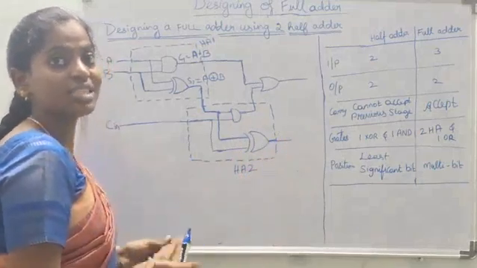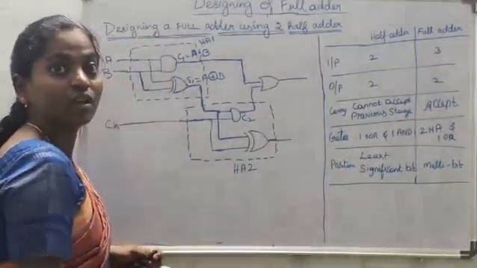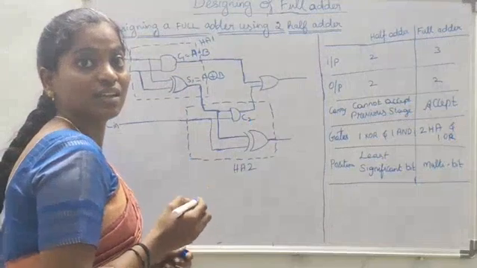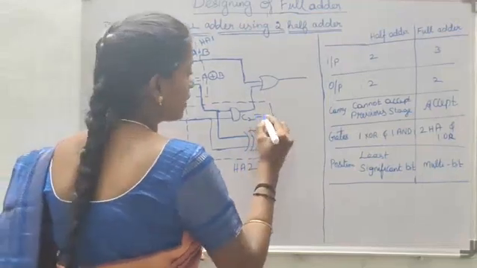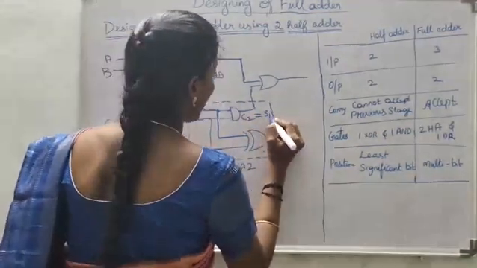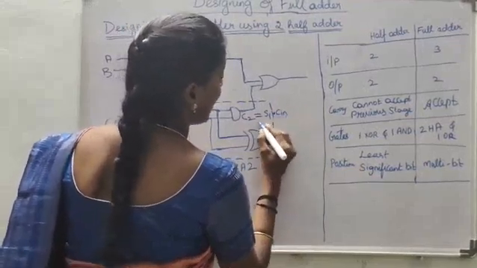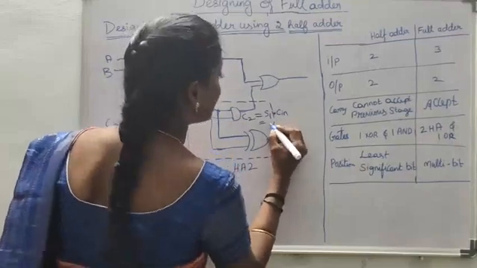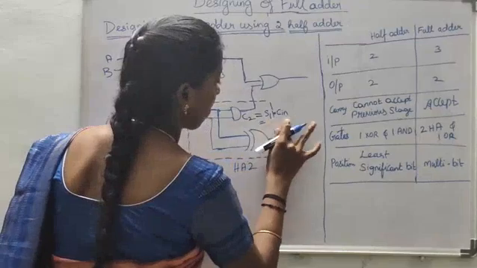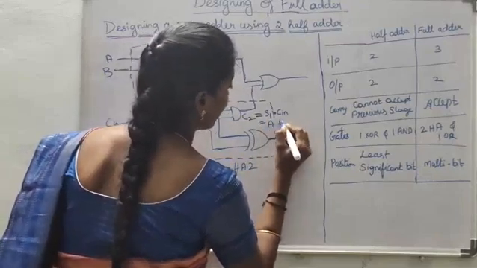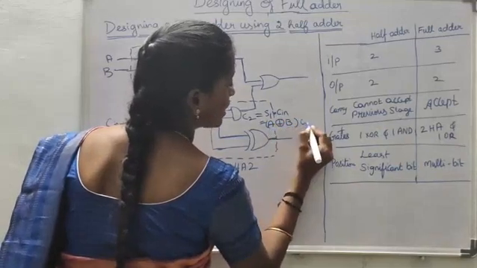Let us call the second carry C2. The second carry C2 is obtained by performing S1 AND Cin. Here we represent S1 as A XOR B, AND Cin.